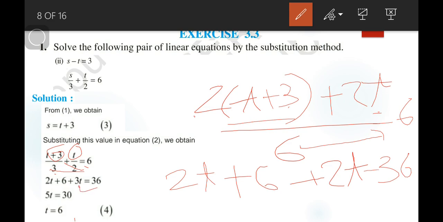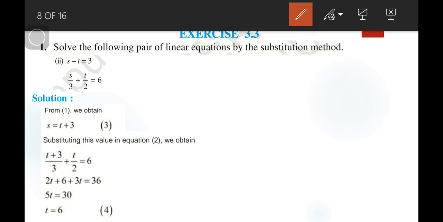So 3t is equal to 36, and then 2t plus 3t, that is 5t, and 6, if you move 6 here, then 36 minus 6 is equal to 30. Then we get the value of t is equal to 6, as you can see here.